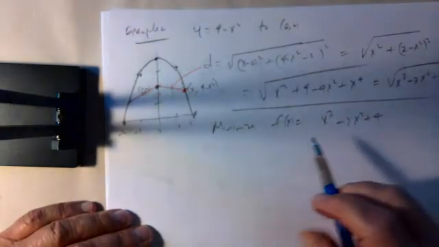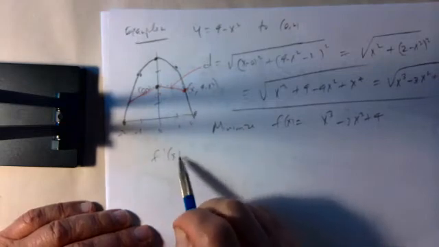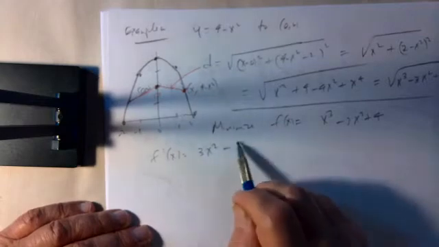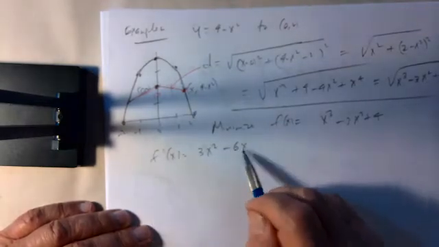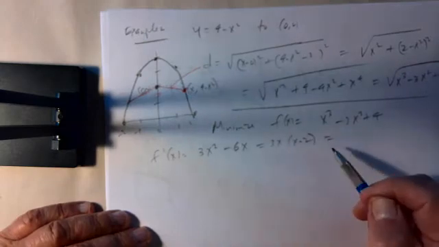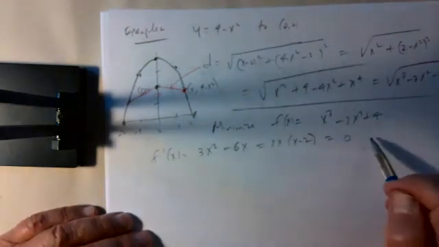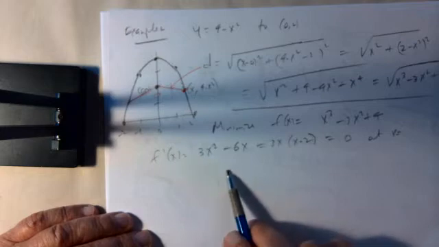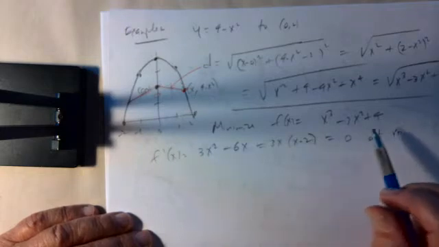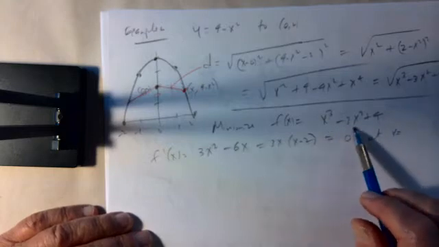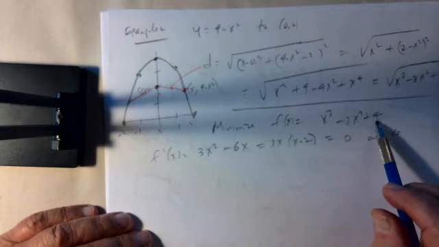First derivative is 3x squared minus 6x. Let's see.